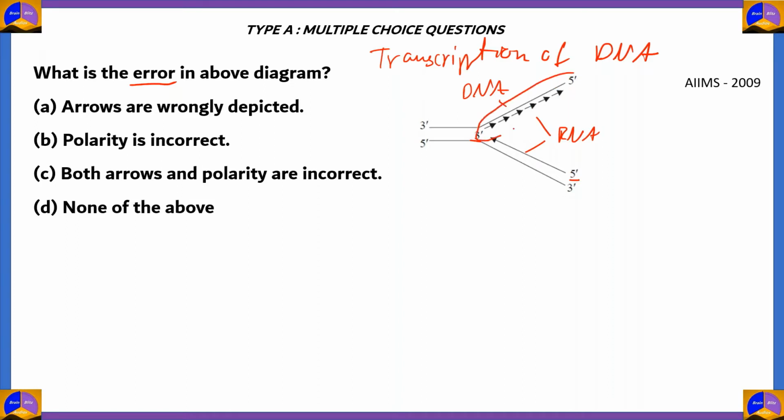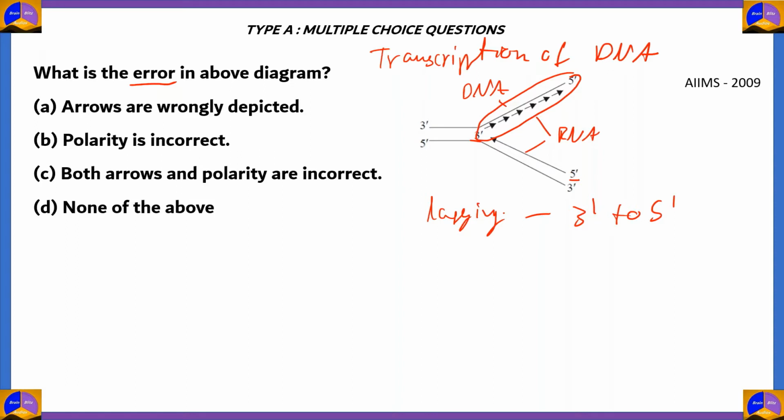And there lies the error, because lagging strand is shown from 3' to 5'. However, the RNA polymerase only codes an RNA sequence from a 5' end to a 3' end. So if the DNA sequence is from 3' to 5', well and good, it can form a leading strand.